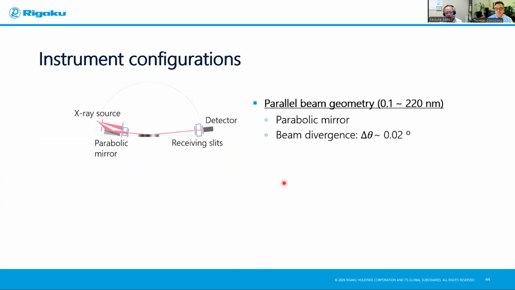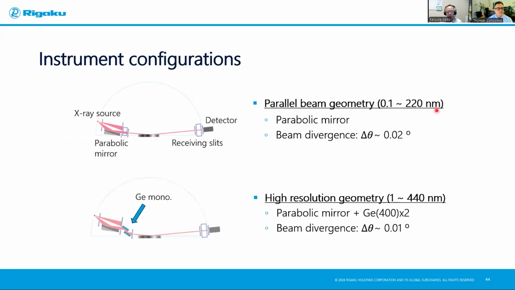Instrument configurations for XRR. This is exactly the same configuration as the one used for thin film characterization. The parallel beam hits the sample, and reflected X-rays are recorded by the detector here. The parabolic mirror has a divergence of about 0.02 degrees, which determines the maximum thickness to be measured, which is around 220 nanometers.